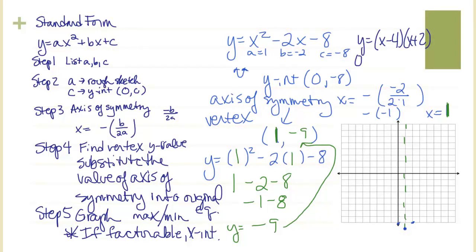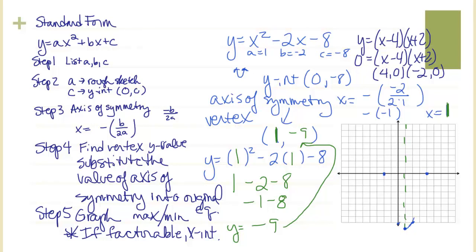If I substitute a 0, I get this. It's just factored form, just like we did in the last video, intercept form. So my x-intercepts are 4, 0, and negative 2, 0.